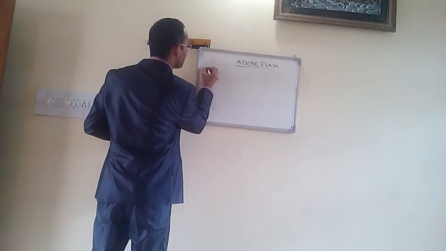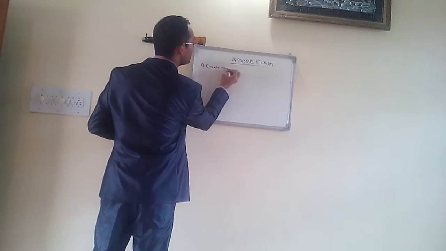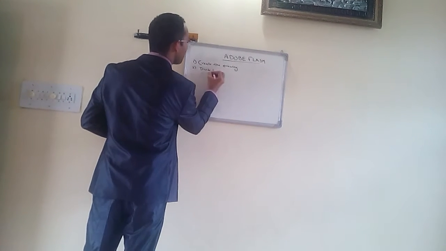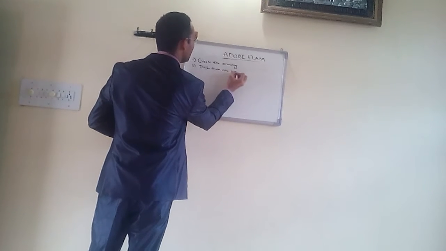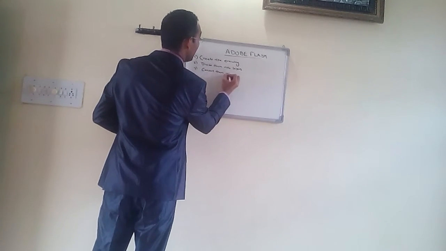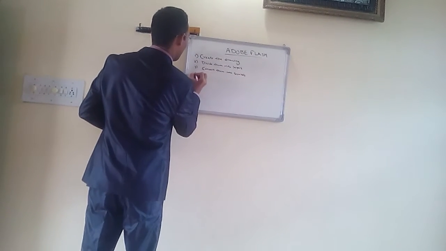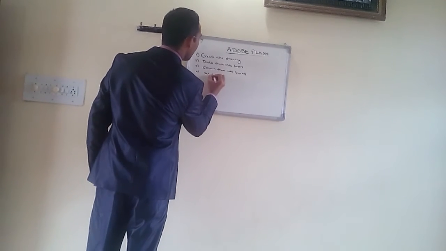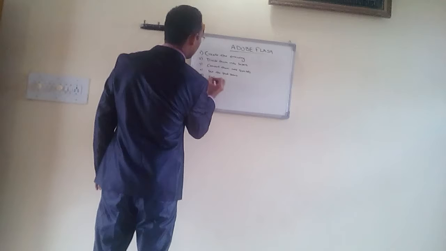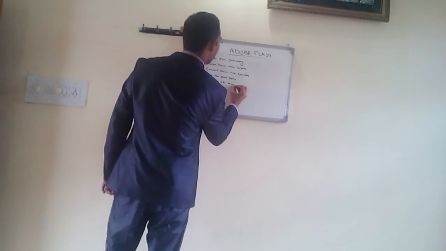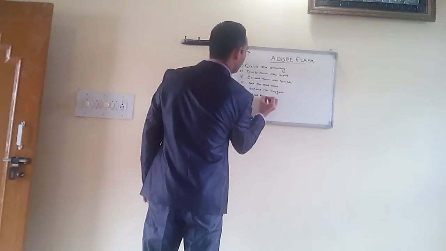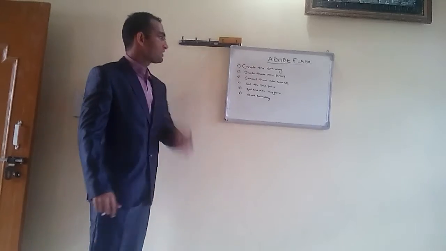Those 6 steps are: first, create the drawing; second, divide them into layers; third, convert them into symbols; fourth, set the pivot point; fifth, extend the keyframes; and sixth, start animating. So these are the basic steps that you need to follow for making your animation.